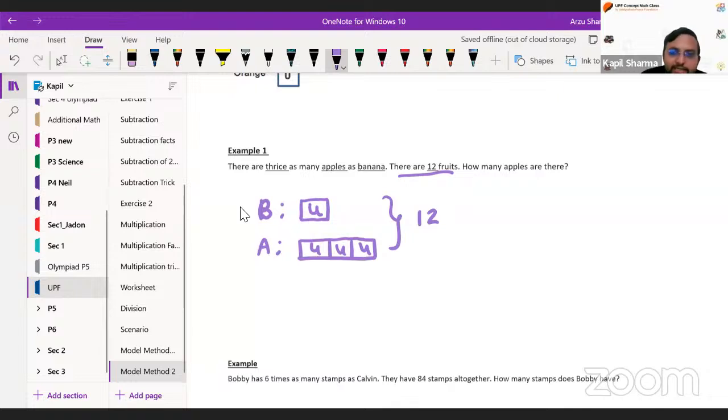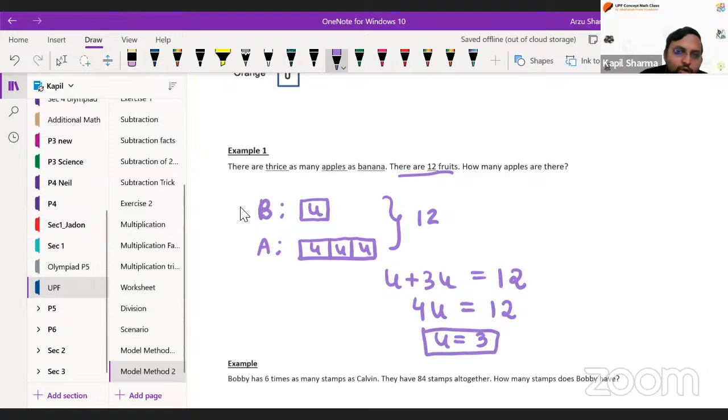So what do we mean by this? That means the total number of units, which is U plus 3U, should be equal to 12. So I can say that 4 units should be equal to 12, or the size of 1 unit is 3. That means the number of bananas is 3 and the number of apples would be 9.